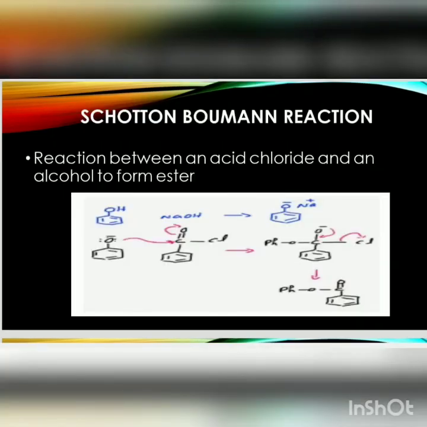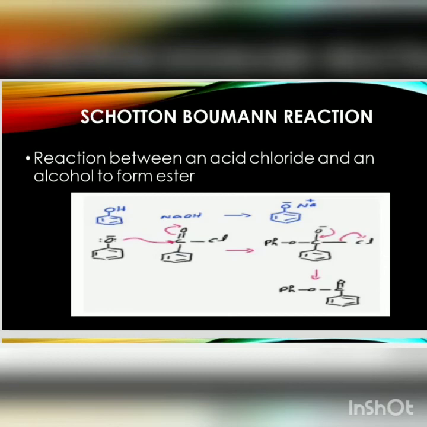And the next reaction is the Schotten-Baumann reaction. In this reaction, phenol reacts with sodium hydroxide and forms sodium phenoxide ion. This sodium phenoxide ion reacts with acid chlorides to form esters.